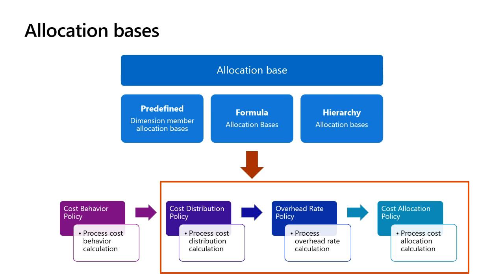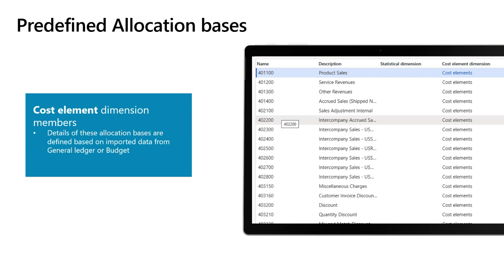Let's see the details of these allocation bases, starting with the predefined allocation base. Predefined allocation bases are created automatically when we import financial data into the cost accounting ledger. Predefined allocation bases are of two types. First is the allocation base based on cost element dimension members.